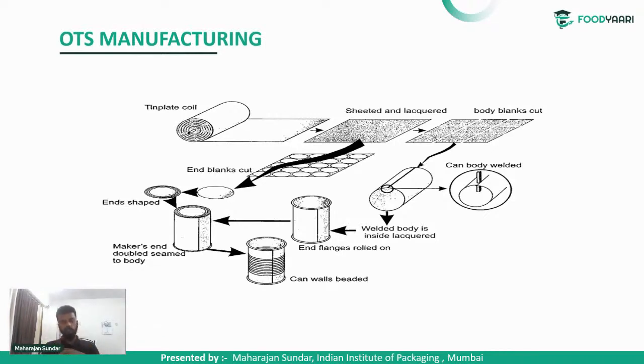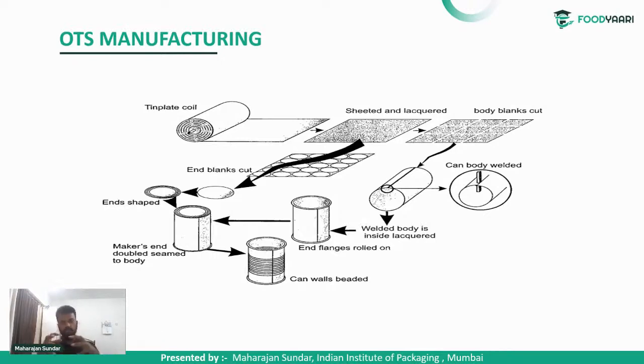It is because all these containers are further used for retorting. For retorting purposes, you know about the retorting process, the metal container will expand when the food products inside it exhibit internal vacuum pressure while retorting, and the heat will create external pressure.